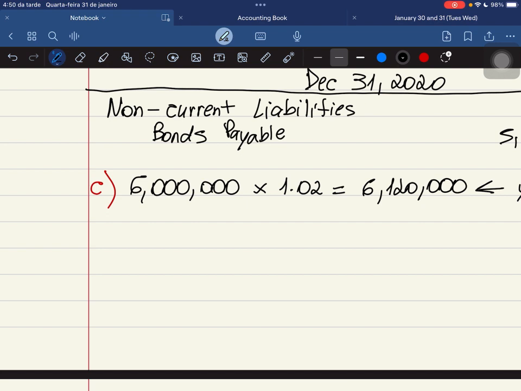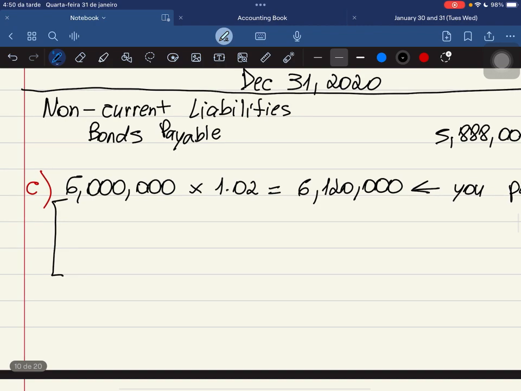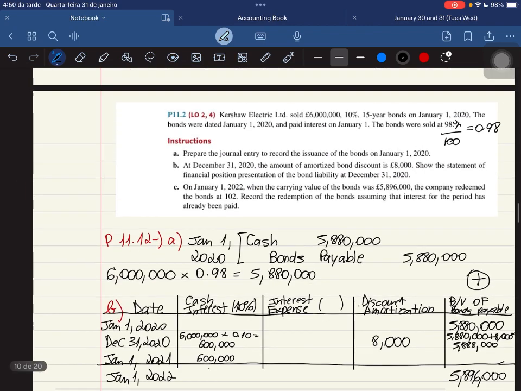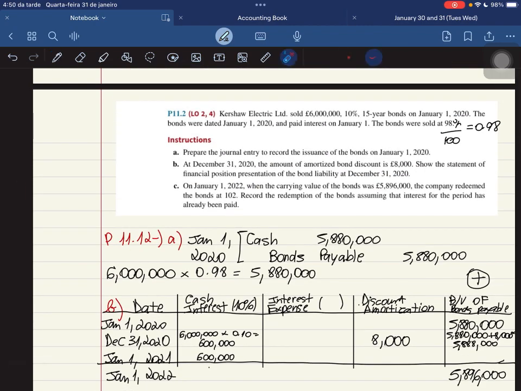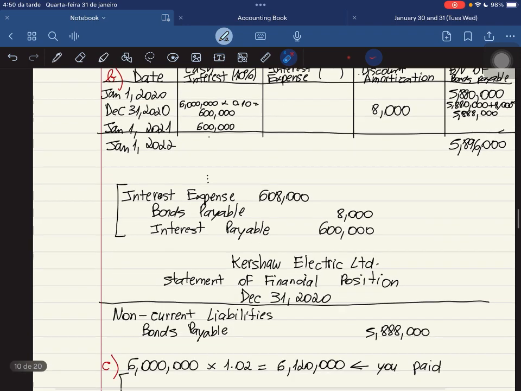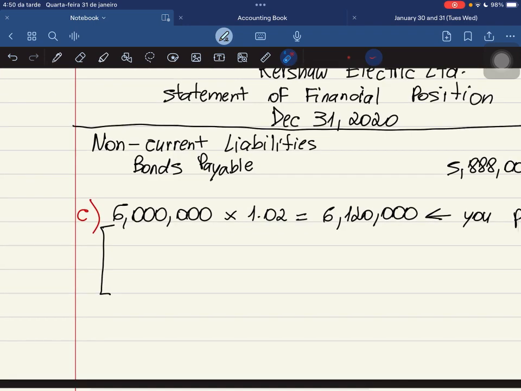So over here, we're going to journalize it. First things first, when you buy something, over here they said that the bonds were redeemed. So the company spent money in order to buy the bonds back. So you buy something, your cash has to go down. That's the first thing. Second thing, bonds payable is debited, right?